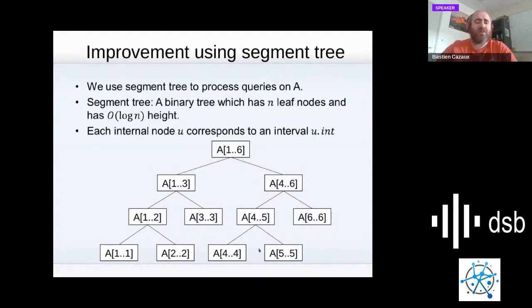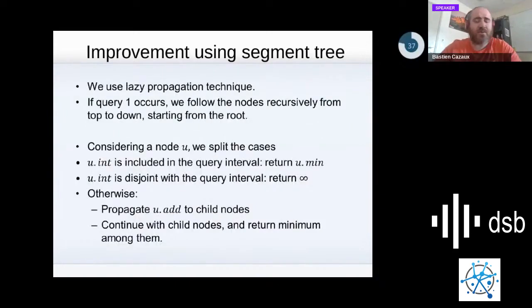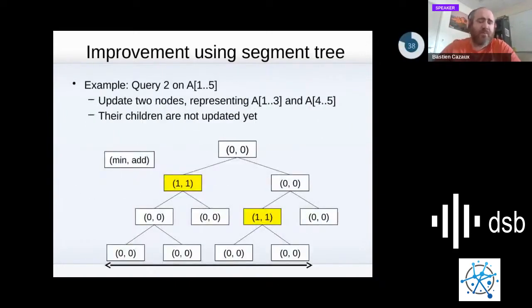The particular thing about this segment tree is that we can update and check in big O of log n, because log n is the height of the tree. I skip how it is computed, it's just what we need to know: for each query, you only need log n.